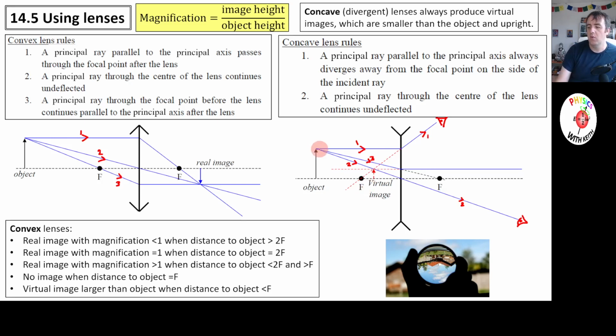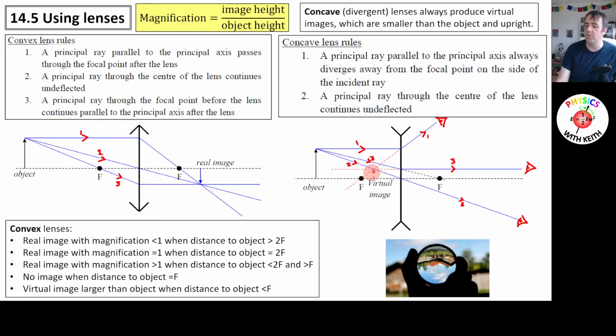With this one, we go towards the far focal point and then parallel to the principal axis after the lens. And then if you were to look down the ray, you would see the point where the ray appears to come from. So if you have 3 eyes, you'd see that. Or you could move your head, perhaps, and you'd see that.